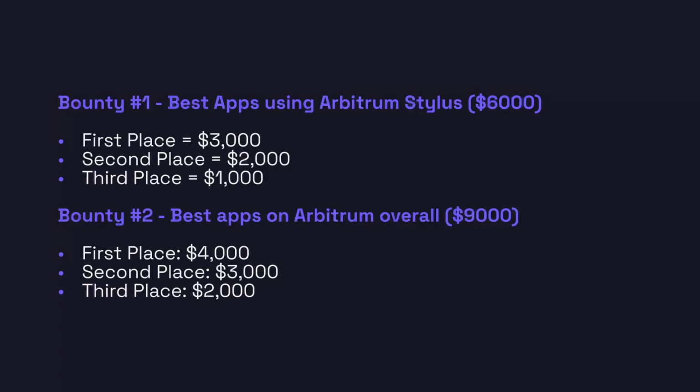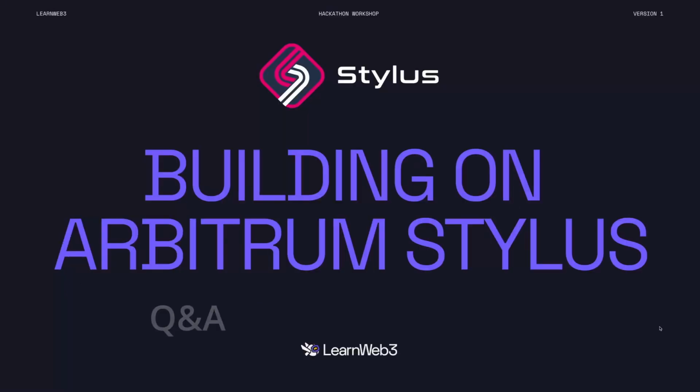You could build a project on Stylus that gets a prize from bounty category one and also from bounty category two. So technically, you have access to the full $15,000 prize pool, and the maximum prize you can win as a single project is $7,000, which is first place on both. Definitely check it out. I'll build on Stylus if you want. I have some ideas over here. Let's go to the Q&A first before I get into the ideas.